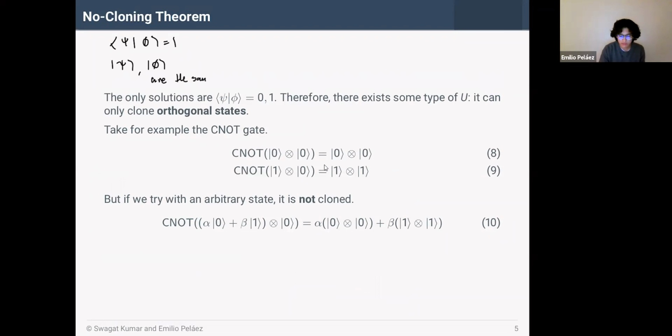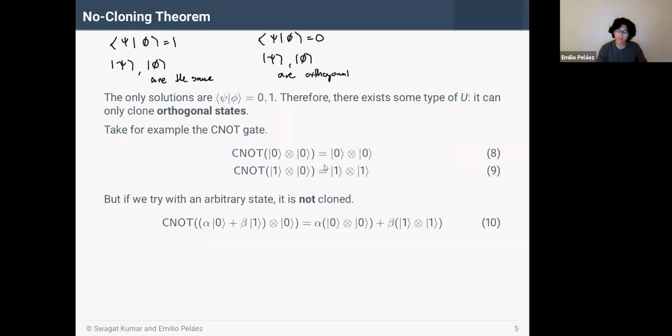So that says that we can create a unitary that is just able to clone one specific state. And then if we have the inner product of psi and phi equal 0, that means that psi and phi are orthogonal. That's just a property.